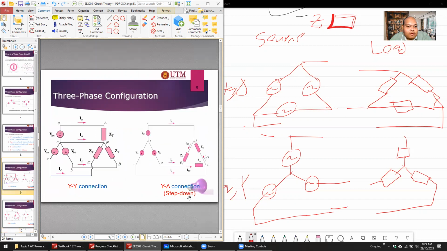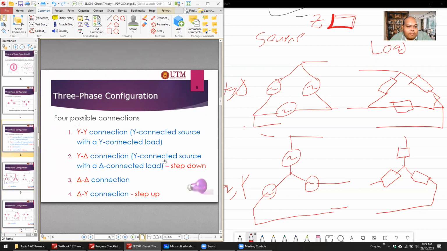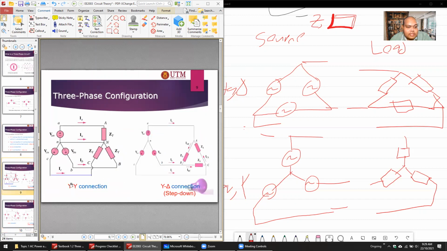One more thing: I said here there are four possible connections for the star-star connection. It can be either 3-wire or 4-wire. Remember that.